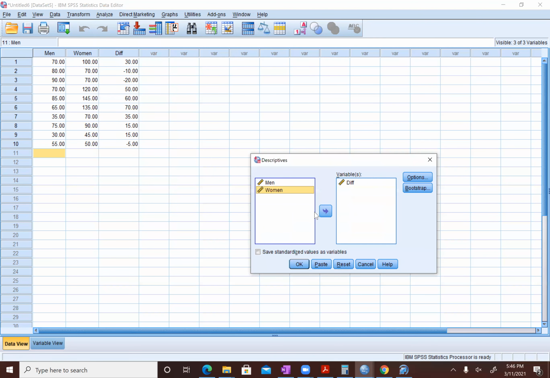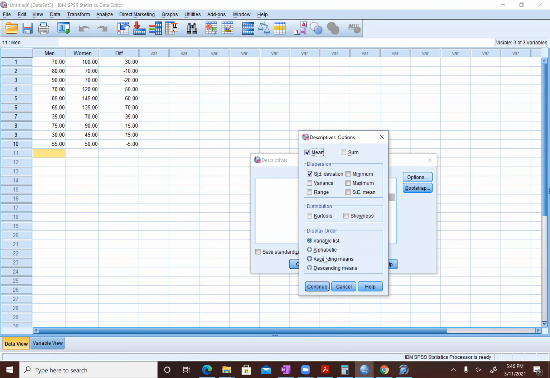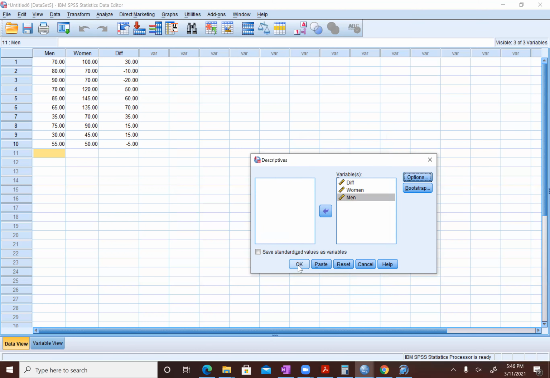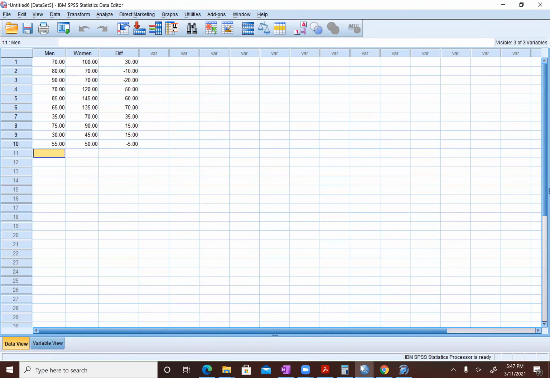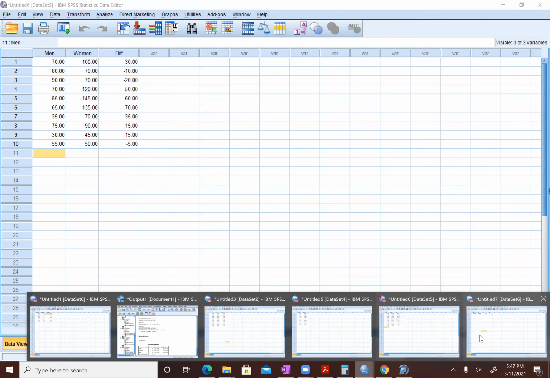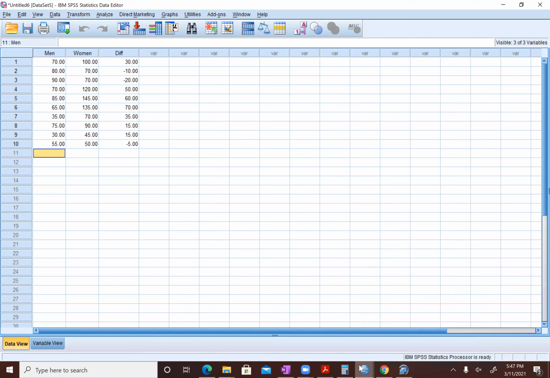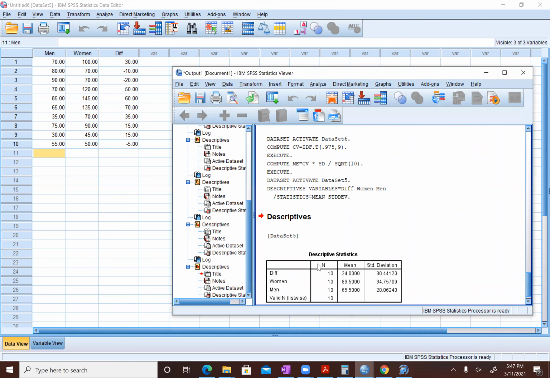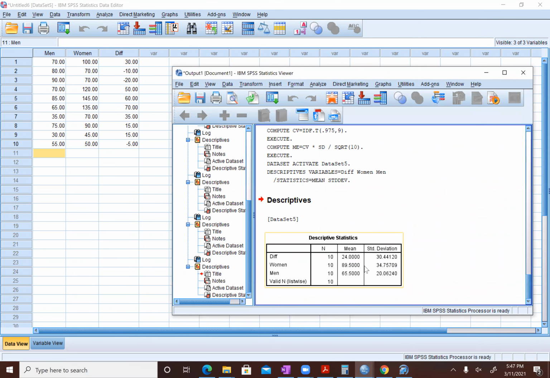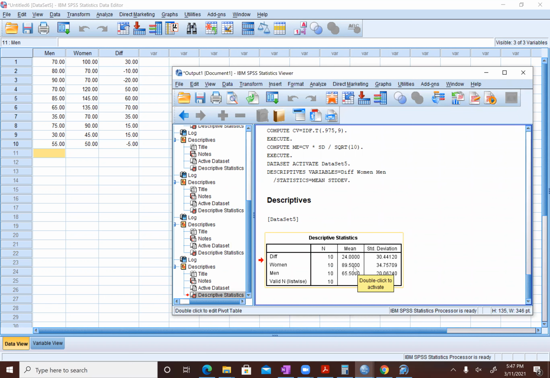So if I compute the mean of all of these, the mean minutes put in by women is 89.5 and the mean minutes put in by men is 65.5.